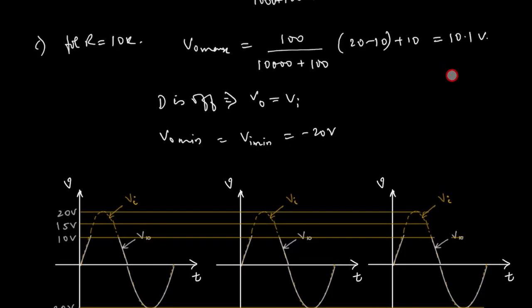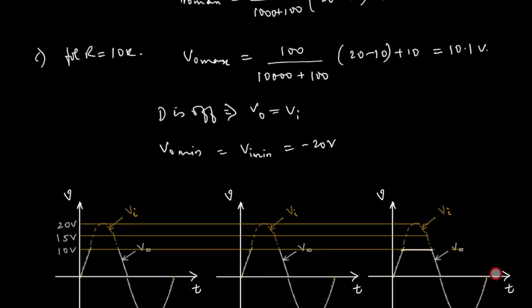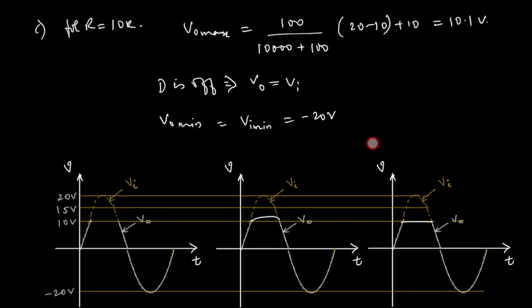For third case it is 10.1, so I am drawing it here. For second case it is 10.9, case B 10.9. It will be slightly higher, you can understand it, right? 10.9 is almost 11, so somewhere here, and first case is 15 volts. So you will get almost like this.